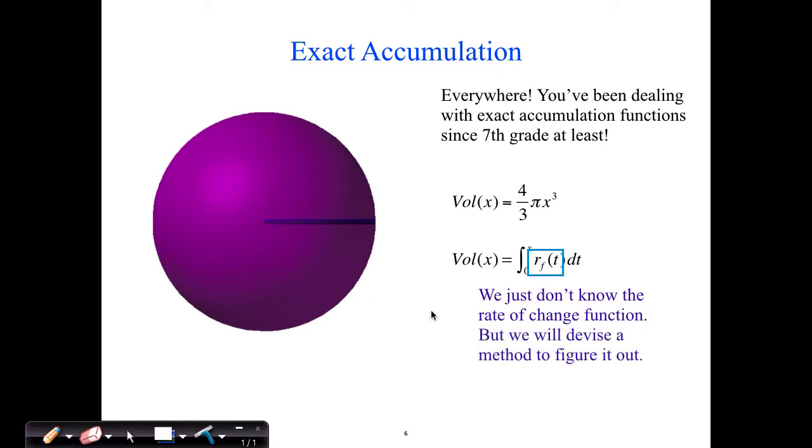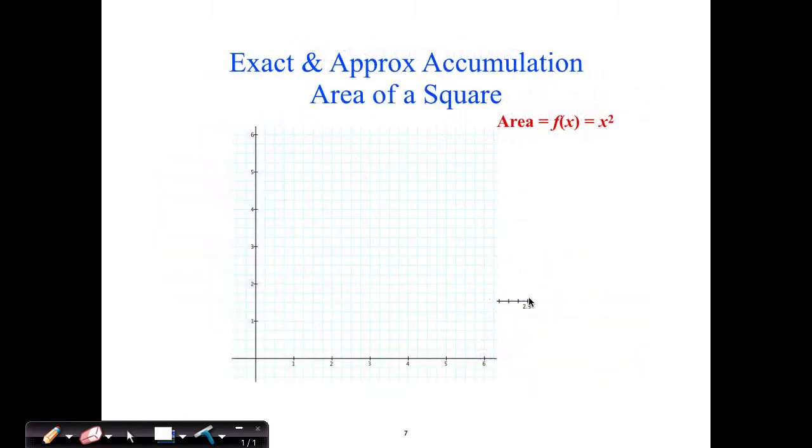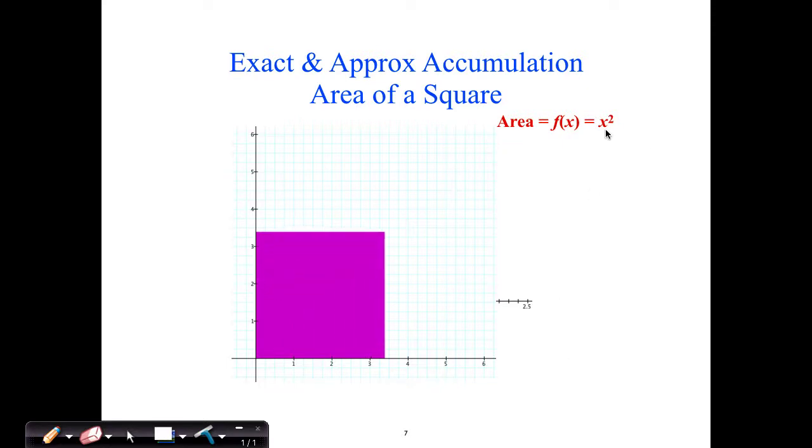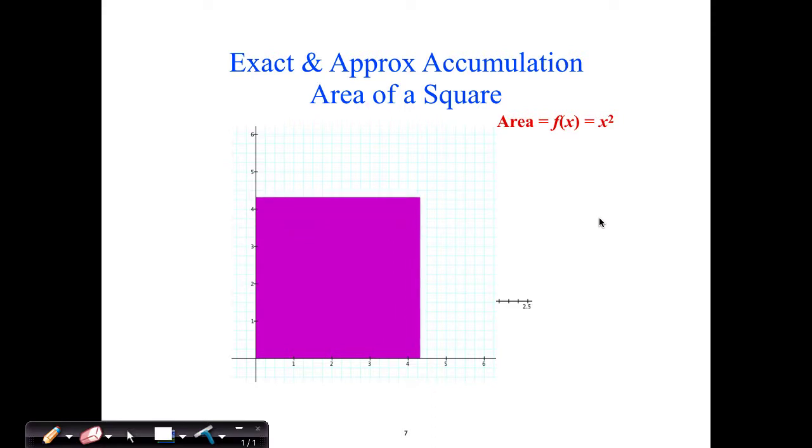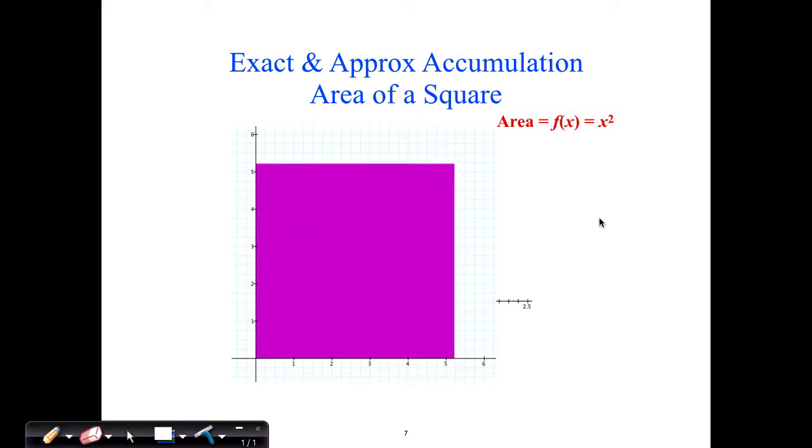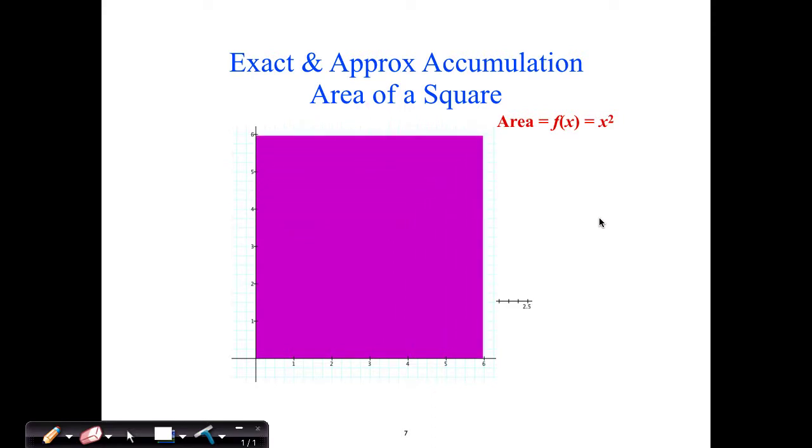So let's go back to the square, meaning if I'm thinking of the accumulation function, area is a function of side length squared. I'll call the side length x like we did before, and we'll just call this f of x here instead of a of x to be easier about it. But again, this is not a graph of a parabola, but this is what we're measuring the changes in, geometrically speaking.